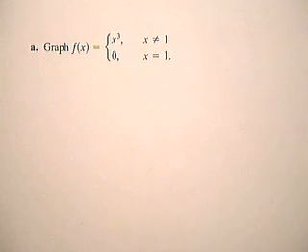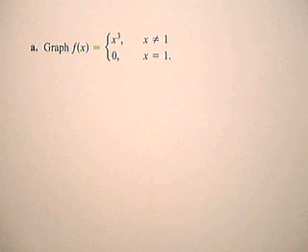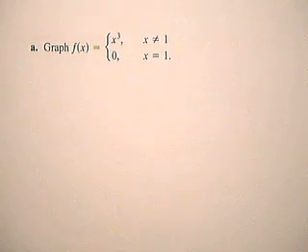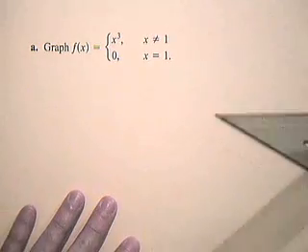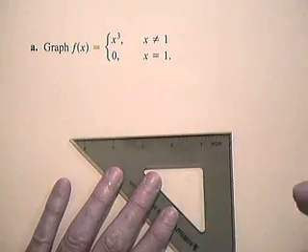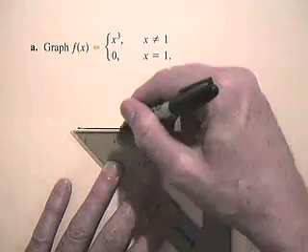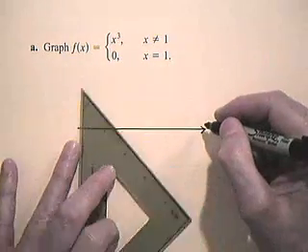Let's look at another example where we examine the one-sided limits for a function. Here I have the function f of x equals x cubed if x is not equal to 1, and 0 if x is equal to 1. We want to graph it to begin with. So what I'll do is make a quick set of axes here.